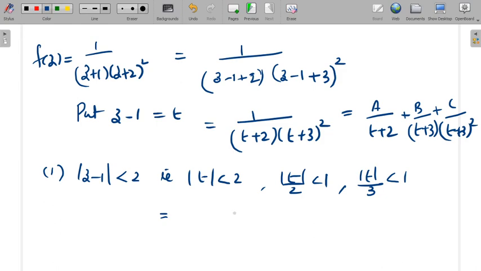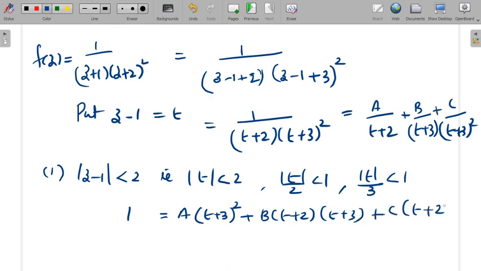And changing this into partial fraction, നമുക്ക് ന്യൂമറേറ്റർ വരുന്നത് 1 ആണ്. 1 is equal to a into t plus 3 whole square ആണ് നമുക്ക് കിട്ടേണ്ടത്. സോ അവിടെ t plus 2 മാത്രമേ ഉള്ളൂ. സോ we give t plus 3 whole square, b into t plus 2 into t plus 3 plus c into t plus 2. So രണ്ട് റൂട്ടും ആദ്യം തന്നെ കൊടുക്കുക.